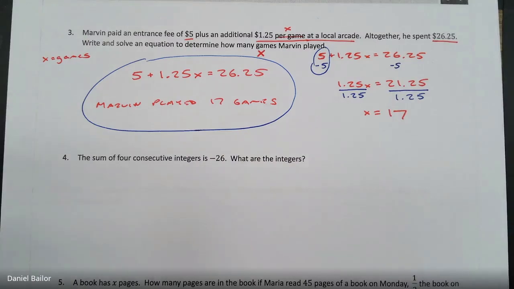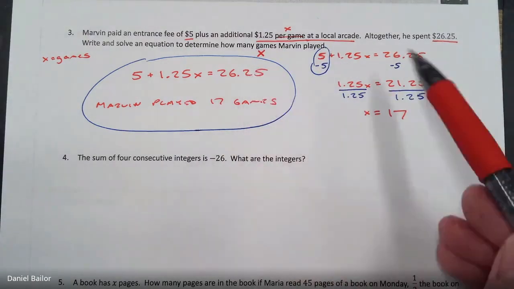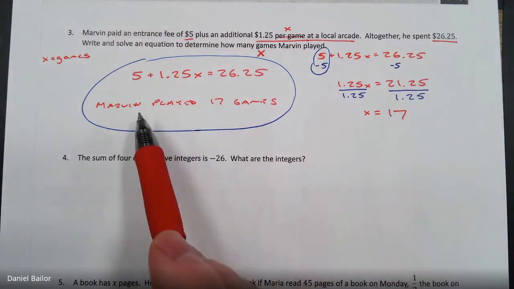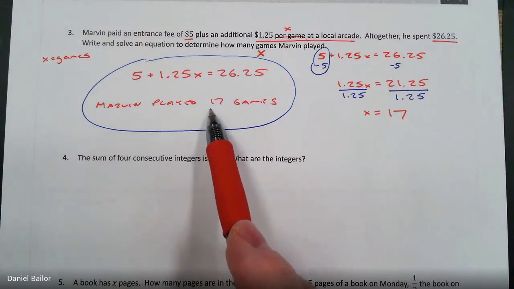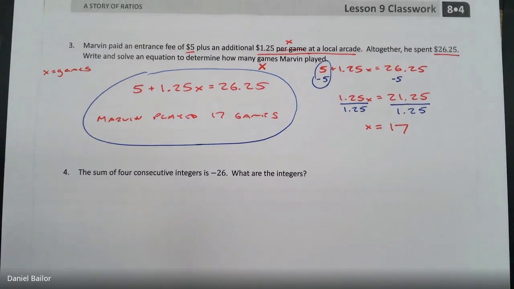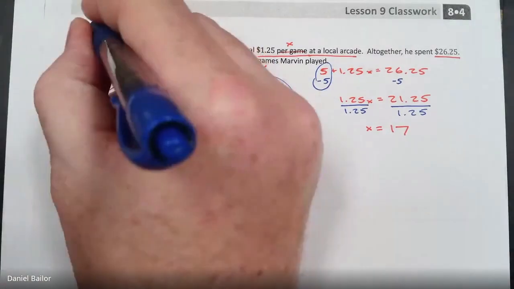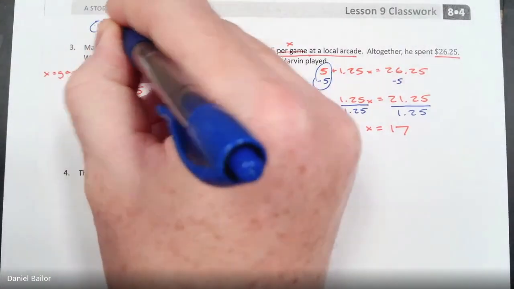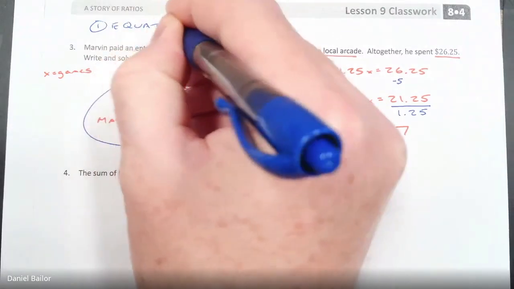So I need to see your equation, I need to see your work, and I need to see your answer in context. So equation, work, answer in context. That's what I need. You can even write at the top of the page. First thing I want to see is your equation.